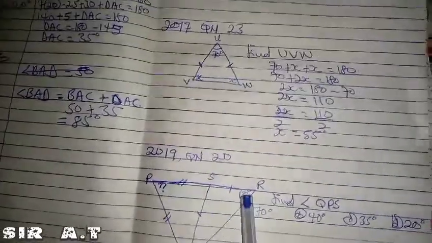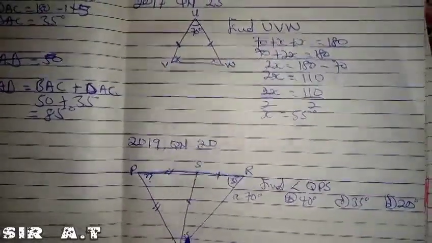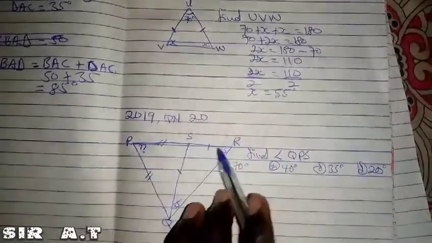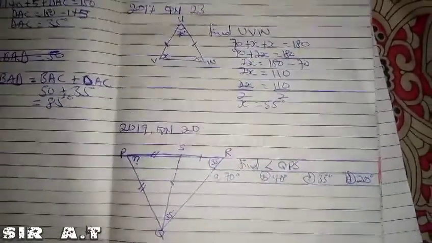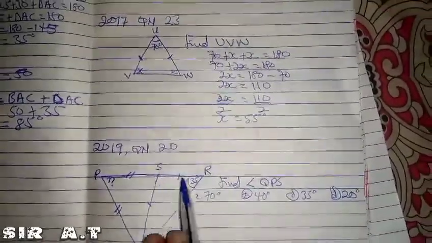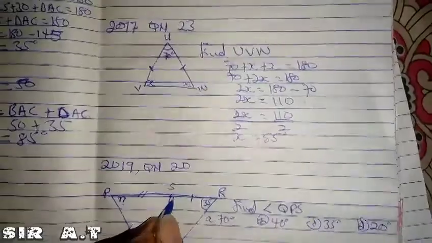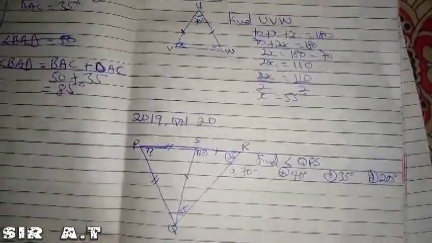If this is 35, this also is 35. So 35 plus 35 gives 70, and then subtract 70 from 180, because the sum will give you 180. So that side is 110.